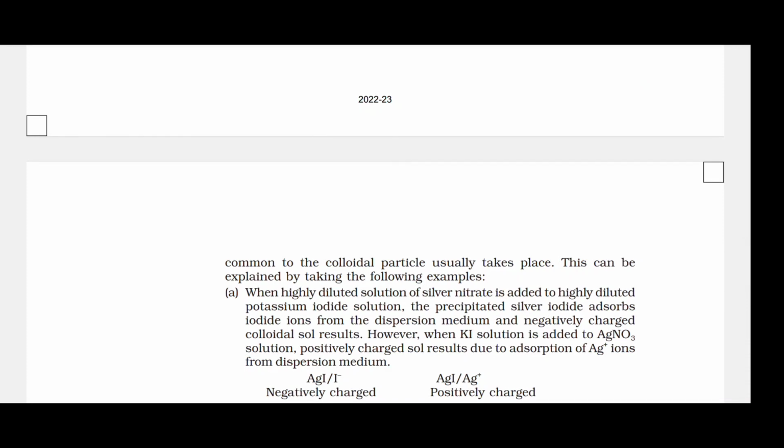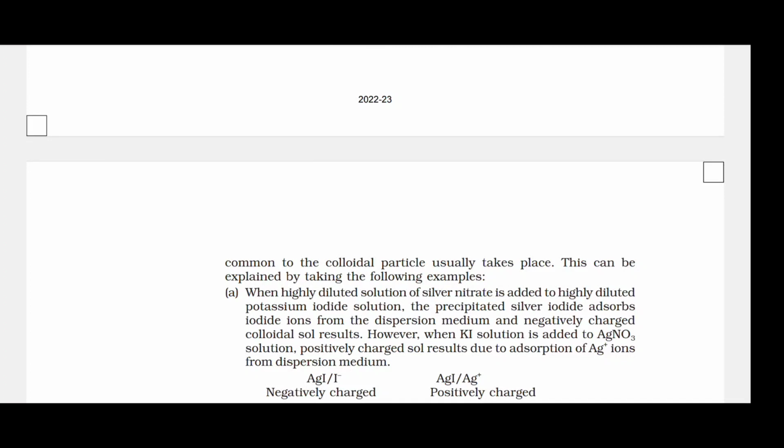This can be explained by taking the following examples. A. When highly diluted solution of silver nitrate is added to highly diluted potassium iodide solution, the precipitated silver iodide adsorbs iodide ions from the dispersion medium and negatively charged colloidal sol results.